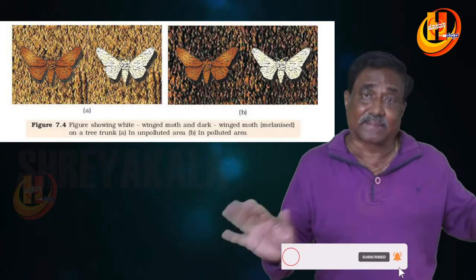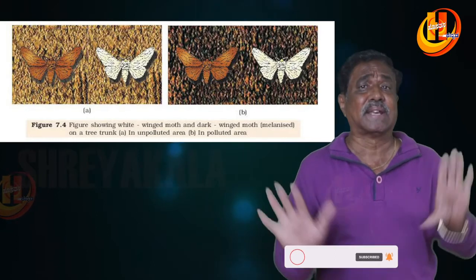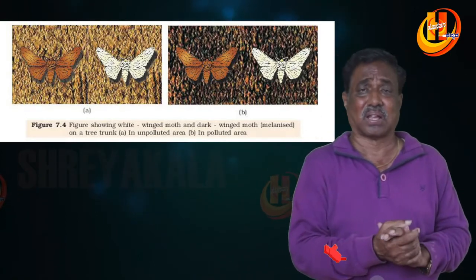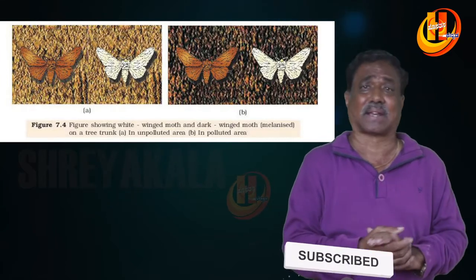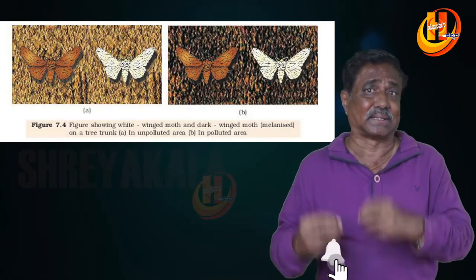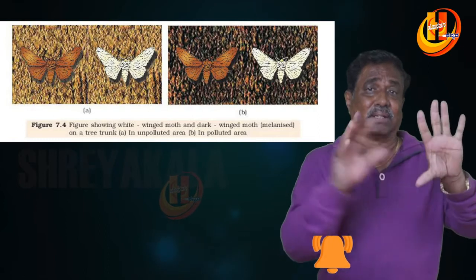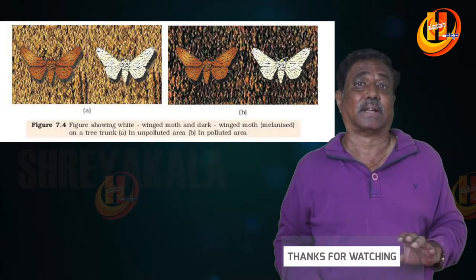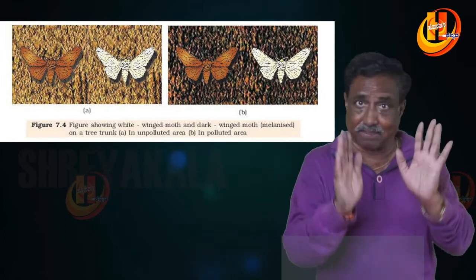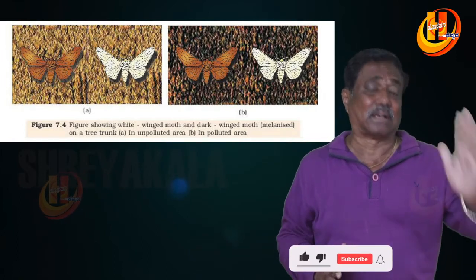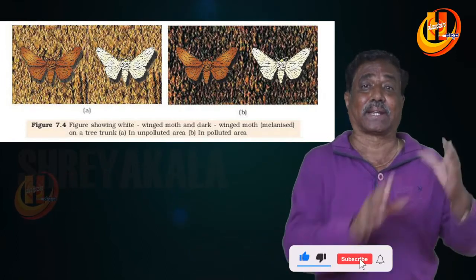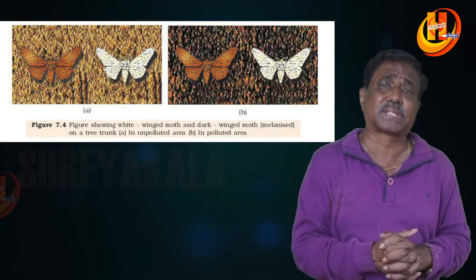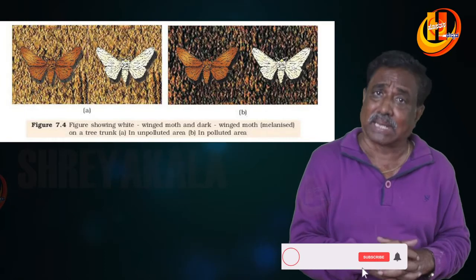So here, no lichens, and these gases gave a black colored background. In this cryptic coloration, the bird could not identify the melanic forms because of the black colored background, and the light colored moths were completely eliminated, that is Biston betularia, the peppered moths.